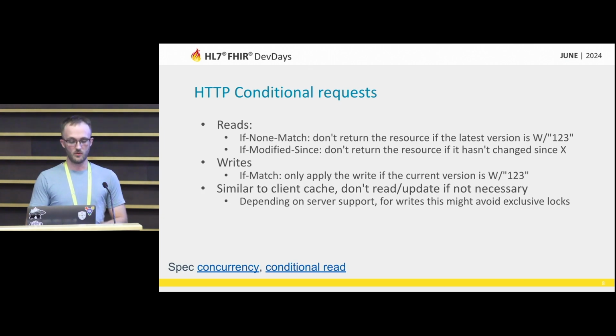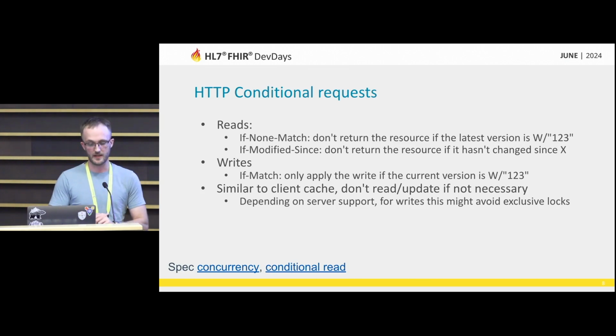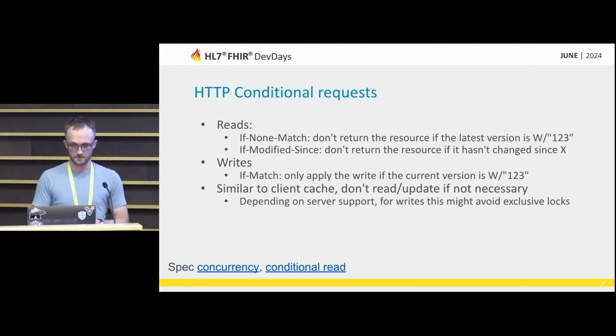You only want one of them to go through, and so one request is going to actually perform the update and the other won't. This doesn't so much help with performance, but it does help with correctness. It means that you're not going to inflate the history of the resource unnecessarily.